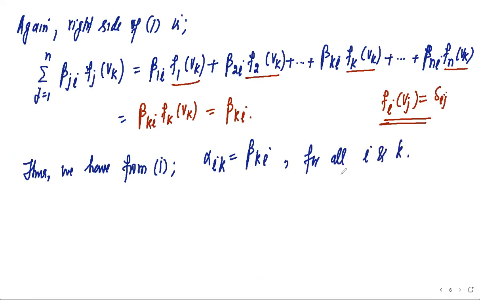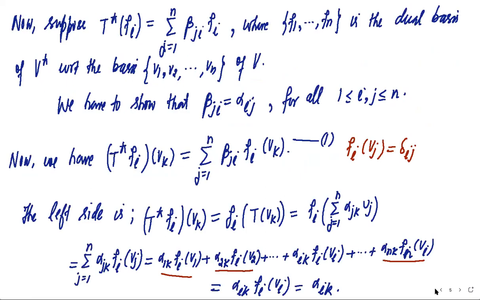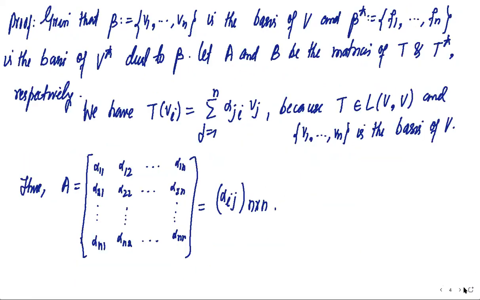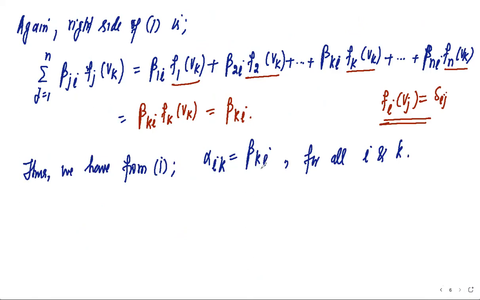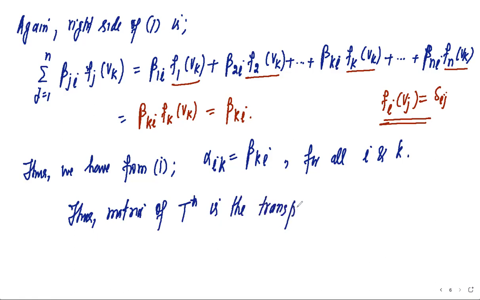But now alpha ik is the ik entry of the matrix A, and beta ki is the ki entry of matrix B. So thus the matrix of this T star is the transpose of the matrix of T. So we have proven that the matrix of T star, which is B, is actually equal to A transpose.